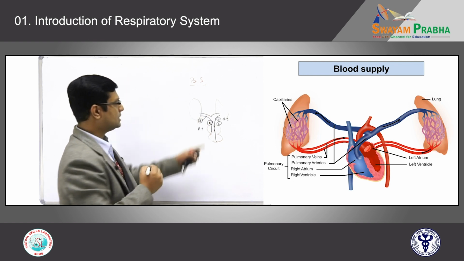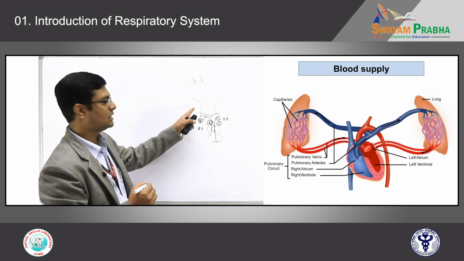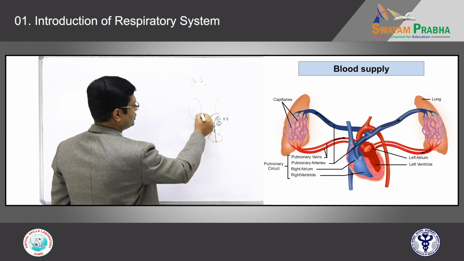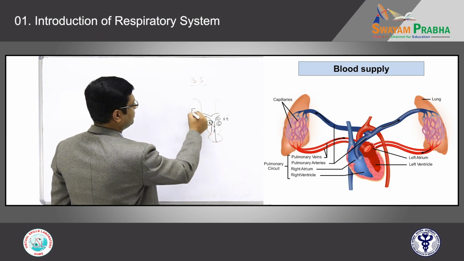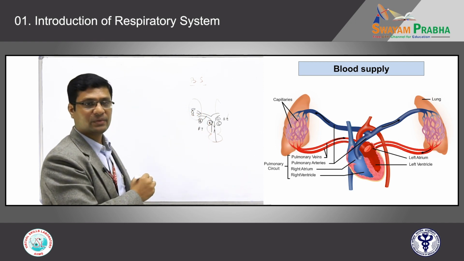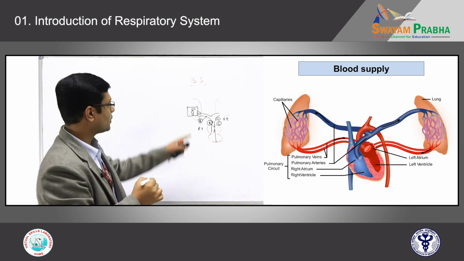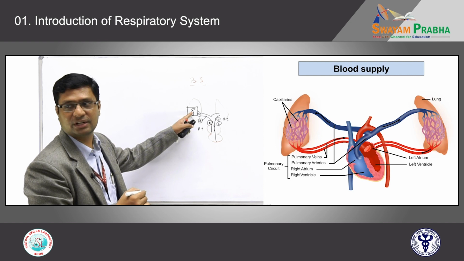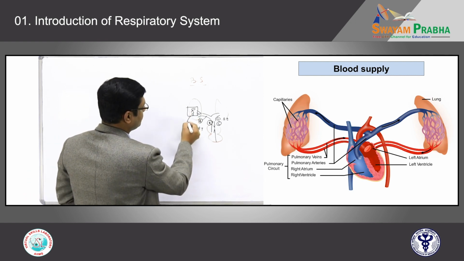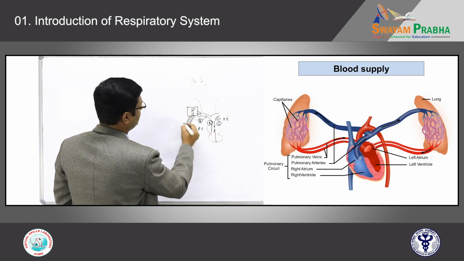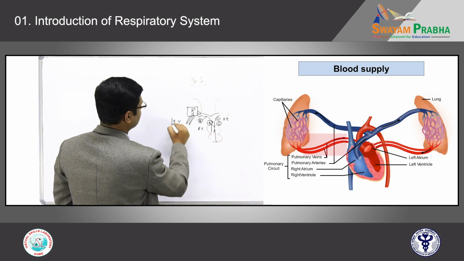Once the pulmonary artery enters the respective lungs, it again branches, it forms the plexus at the level of alveoli, where exactly the gaseous exchange takes place. Once it receives the oxygen, it forms blood vessels called pulmonary veins.